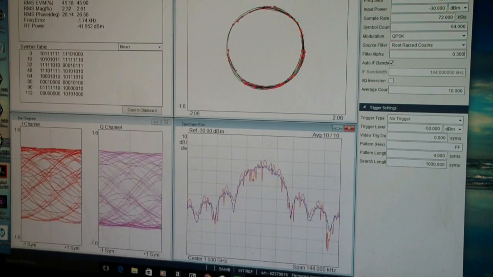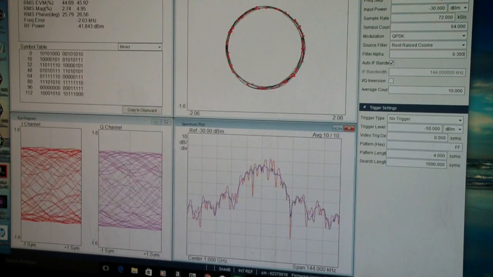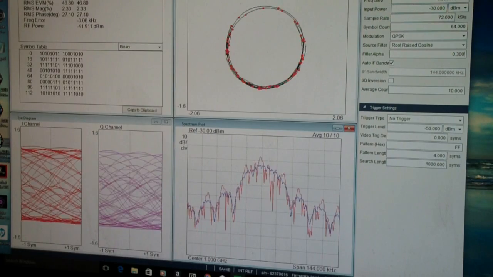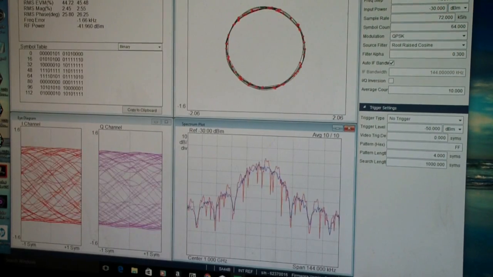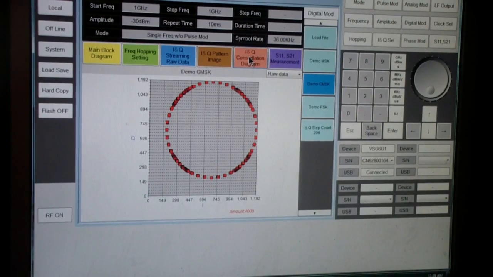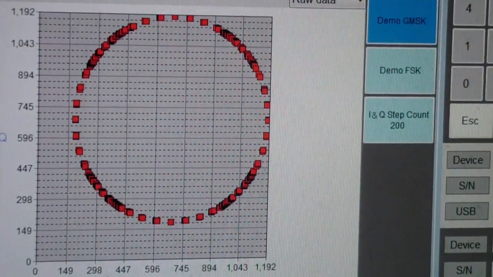Now, I referred to the fact that there is an improved version of MSK that is called Gaussian MSK, or GMSK. So let me change the setup to show you what that looks like. I've changed the vector signal generator to generate a Gaussian MSK signal.